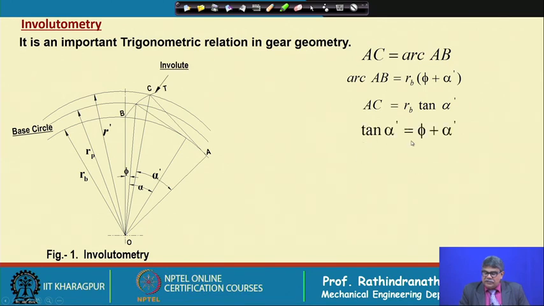Therefore, we can write tan alpha dash is equal to phi plus phi dash. Again I repeat that phi is this angle.